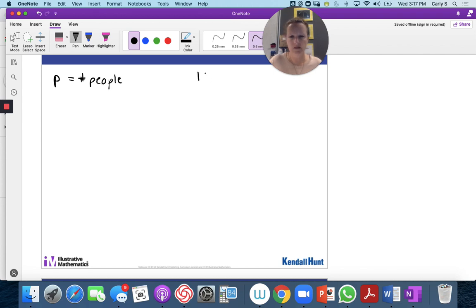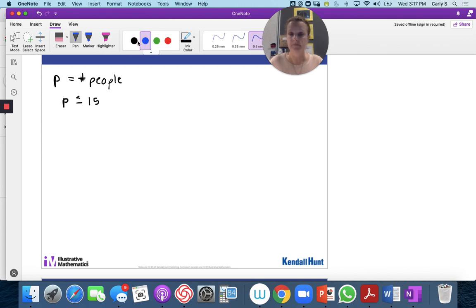I think it was a 1,500 kilogram max. Looking at 15 people, sorry. So the amount of people must be less than or equal to 15. So that is one constraint. That right there can be read, P must be less than or equal to 15, where P is the number of people in the elevator car.